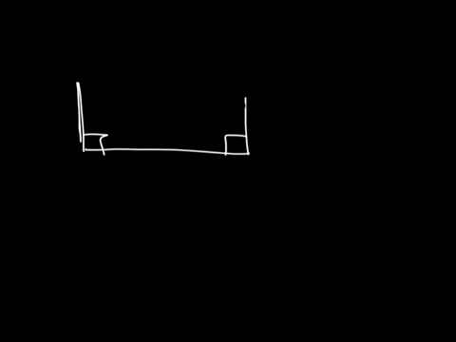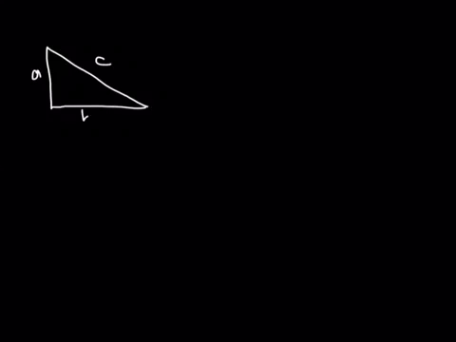And what the Pythagorean theorem says is if we have a triangle, and the longest side, called the hypotenuse, is always labeled with a C. And the other two sides are A and B. It doesn't matter which one's A and which one's B. But the Pythagorean theorem says that if we take the length of A and we square it, and we take the length of B and we square it, we'll get the length of C squared.